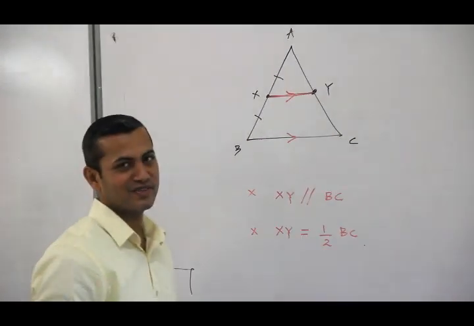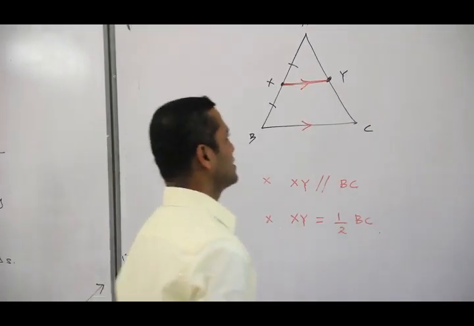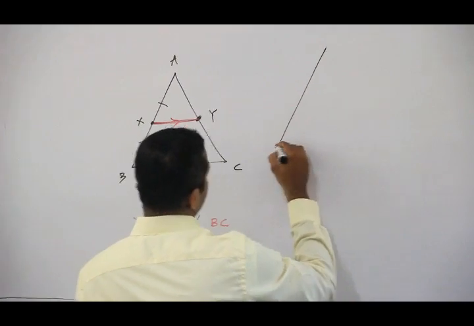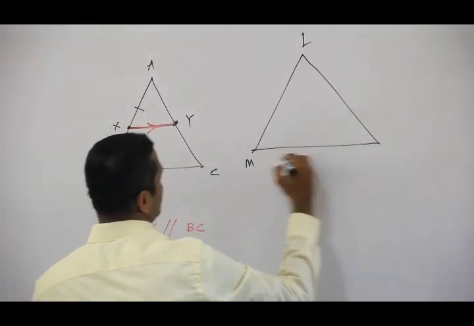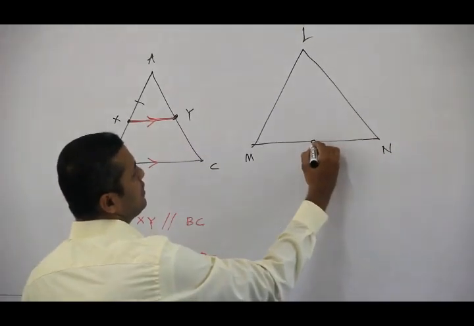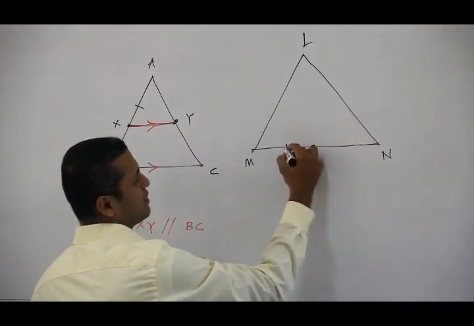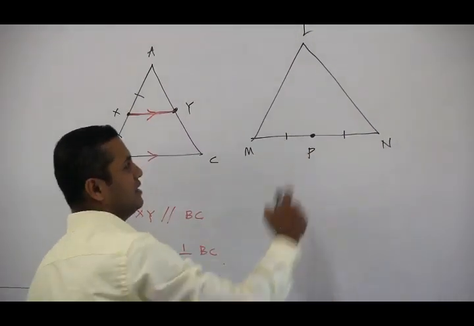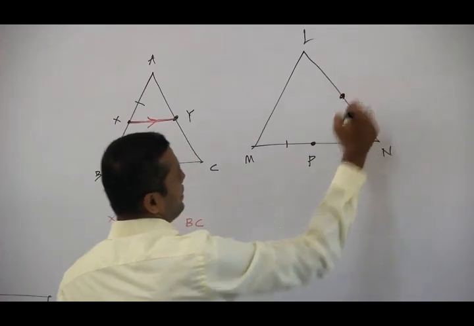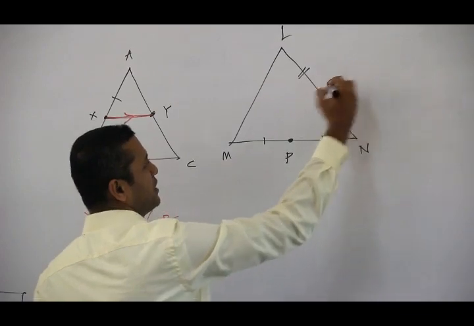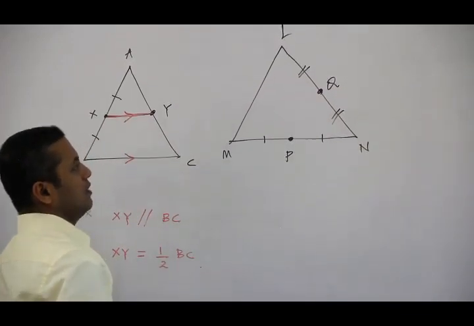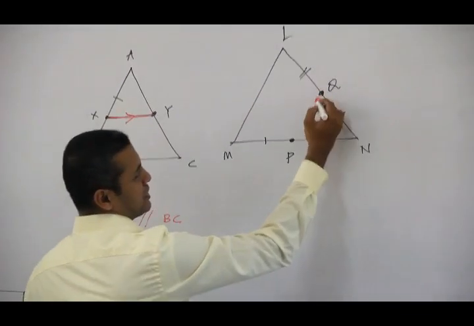Is that clear? It's very simple, right? Look at this diagram. Now, assume that this is the midpoint of MN. I'll mark like this. And this is the midpoint of LN, so this is equal to this. Let this be Q. Now, I'm going to join the midpoints.